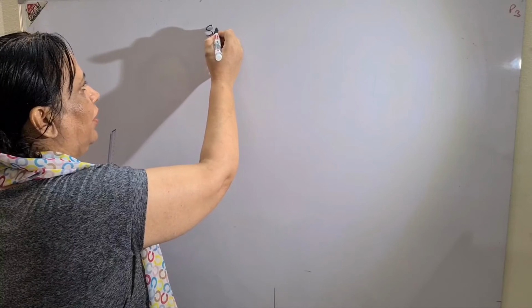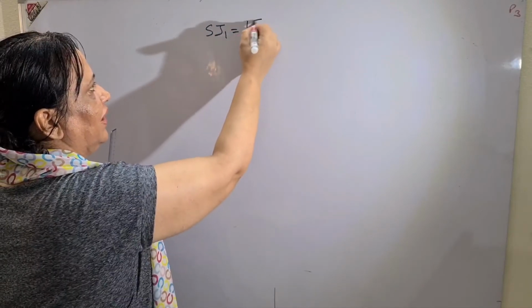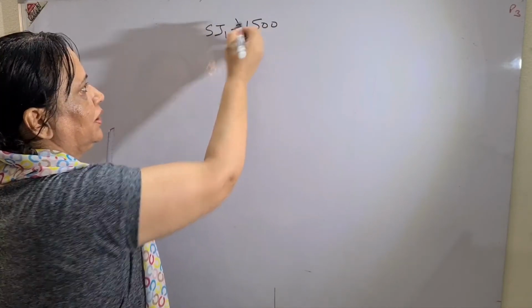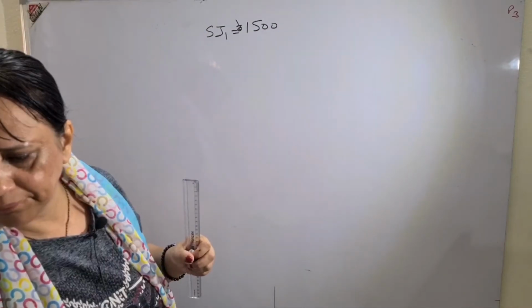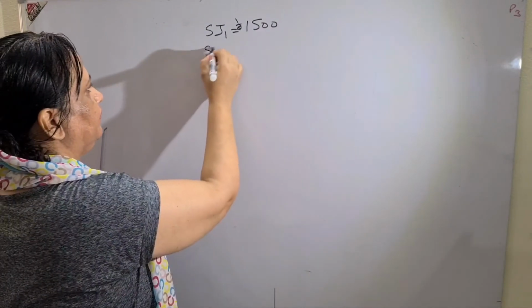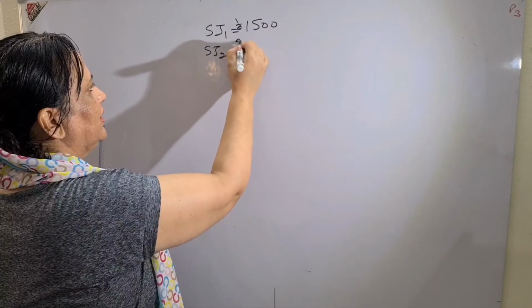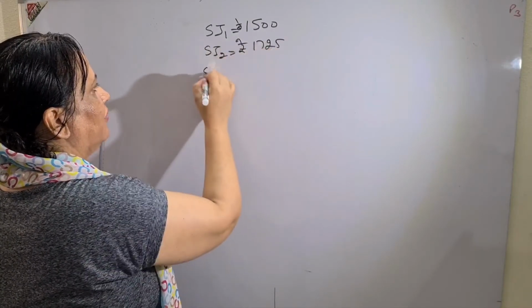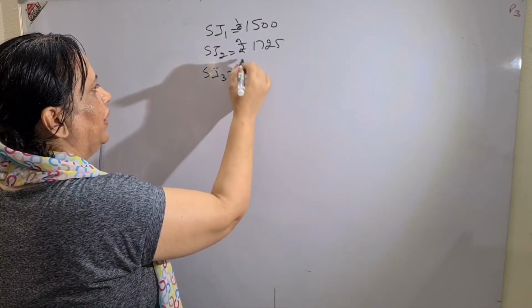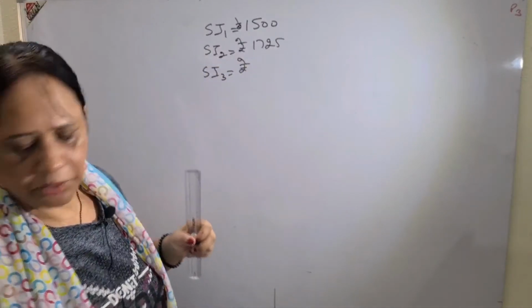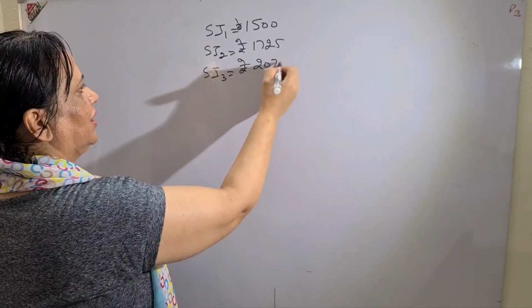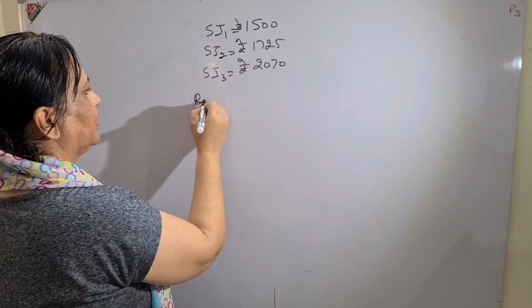For compound interest for first year is 1500. Please don't forget to mention rupees. Then for second year, it is rupees 1725, and for third year, it is rupees 2070. So they have asked me to find the rate for second year.